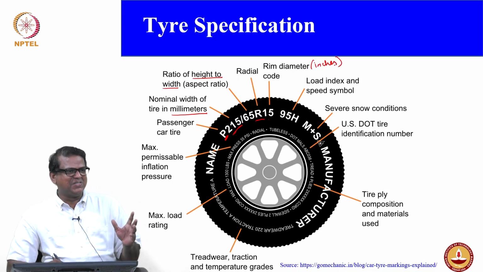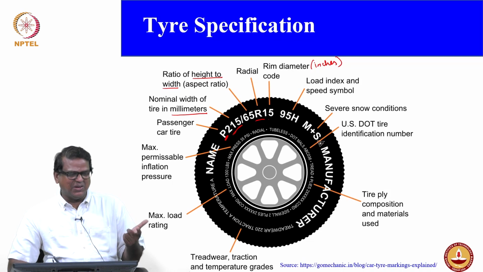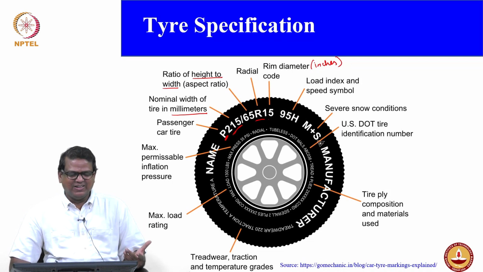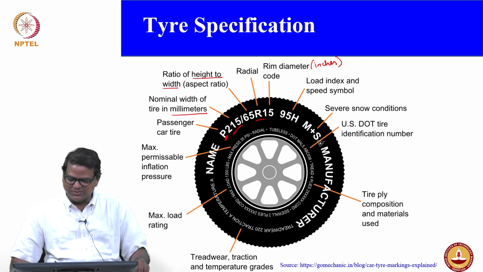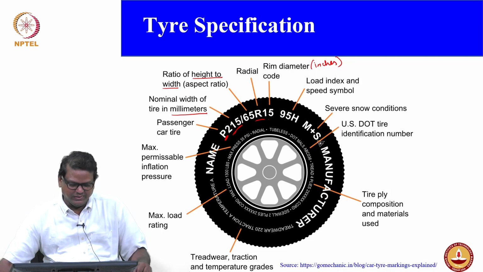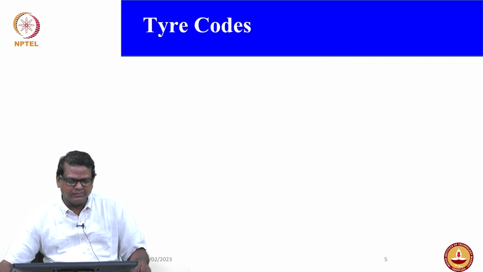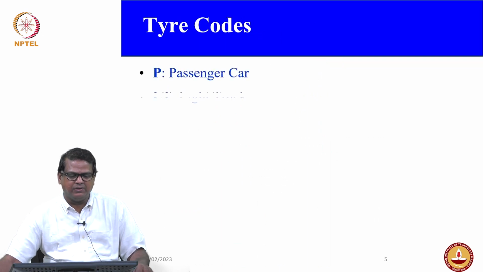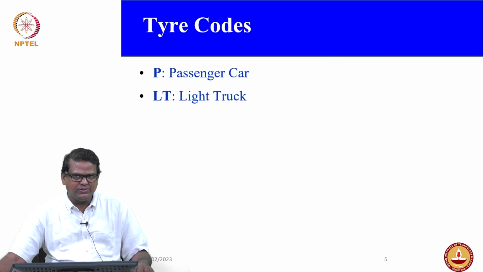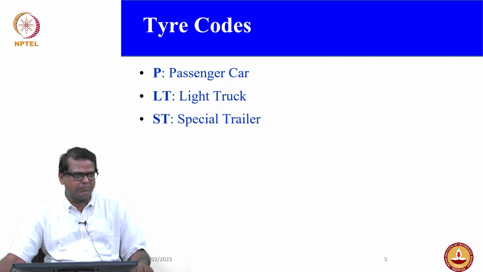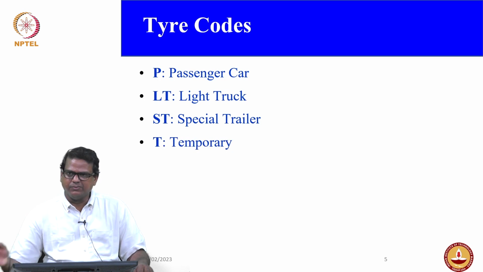We have 3 dimensions, very strangely: millimeter, percentage, as well as inches. You have to find out all that information. This P stands for passenger car, LT means light truck, ST means special trailer, and T is temporary. So it always gives the corresponding application.